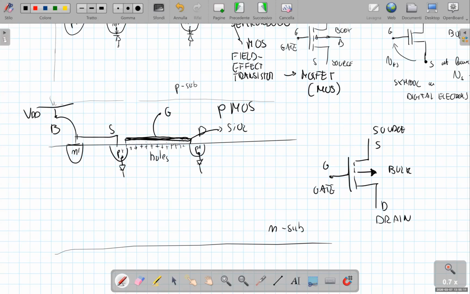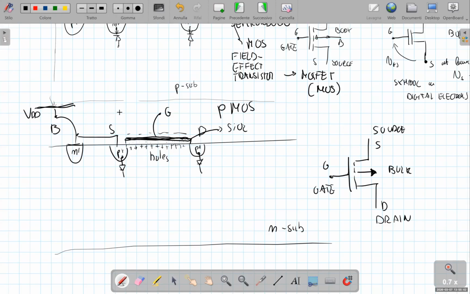Typically the source is tied very often to the bulk at the highest possible potential, VDD, and we need to apply a lower voltage to create a conductive channel made of holes on the surface of our semiconductor material.